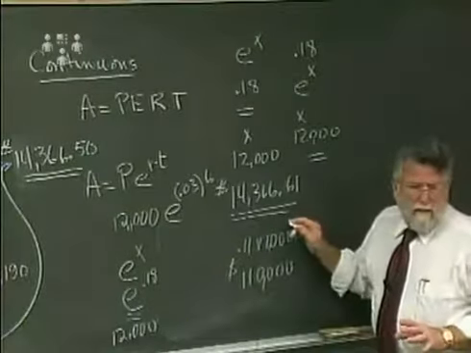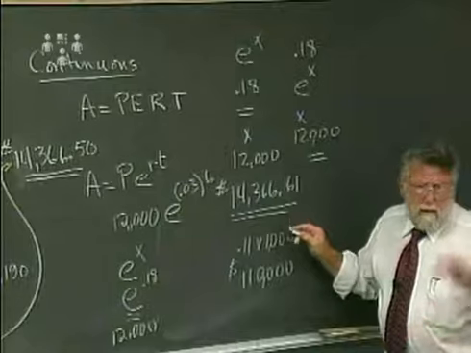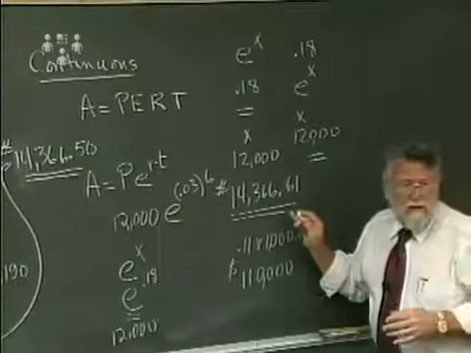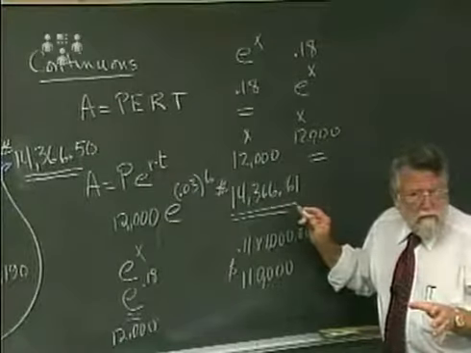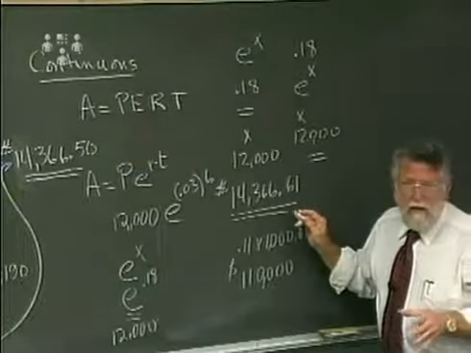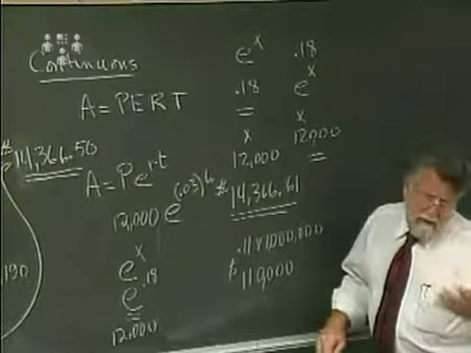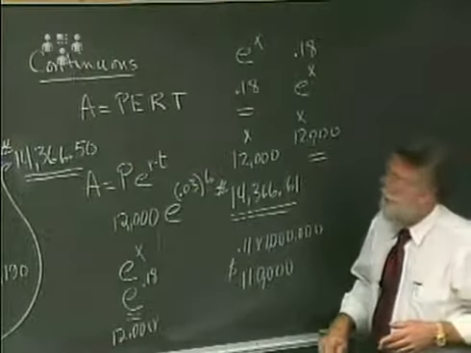Let's take this same idea, continuous compounding. And by the way, you don't get this if you go to a savings, a money market, CDs, things like that. You typically get quarterly compounding.